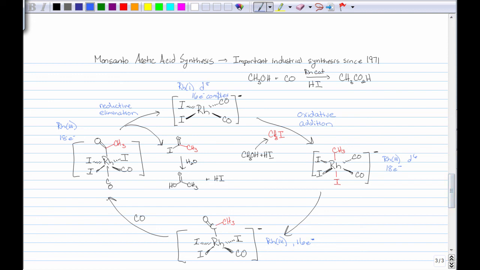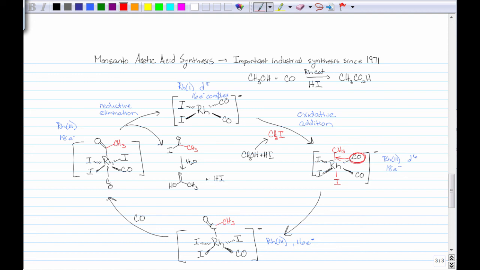In the other reactions, we're not actually changing oxidation state, so these are not going to be reductive or oxidative. In this reaction, what's happening is you're sliding one of these carbonyl ligands into this bond, and at the same time, iodine is swinging up to take the place of one of these equatorial ligands.